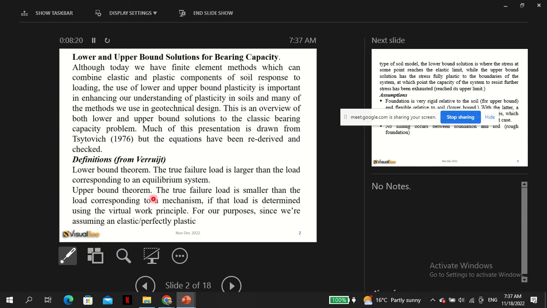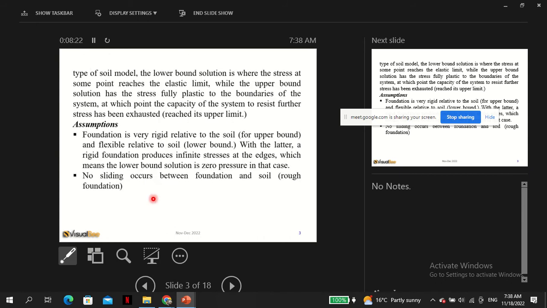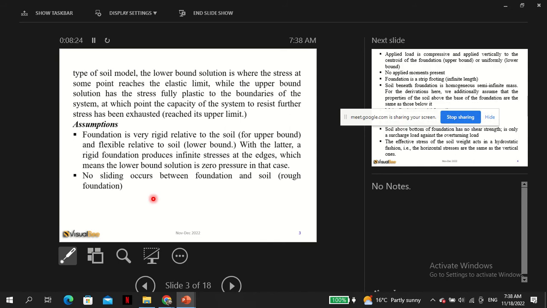For an elastic perfectly plastic type of soil model, the lower bound solution is where the stress at some point reaches the elastic limit, while the upper bound solution has the stress fully plastic to the boundaries of the system, at which point the capacity of the system to resist further stress has been exhausted or reached its upper limit.